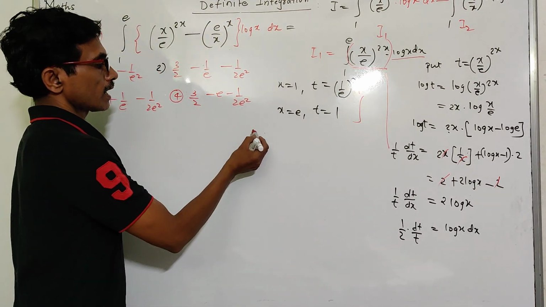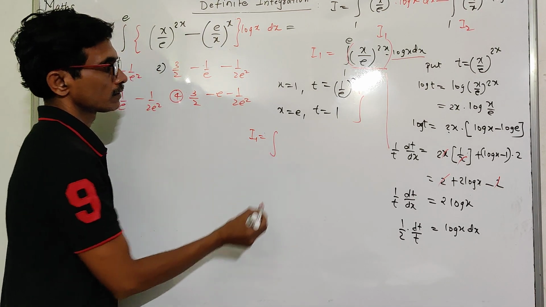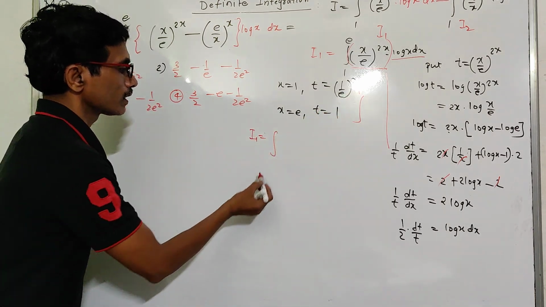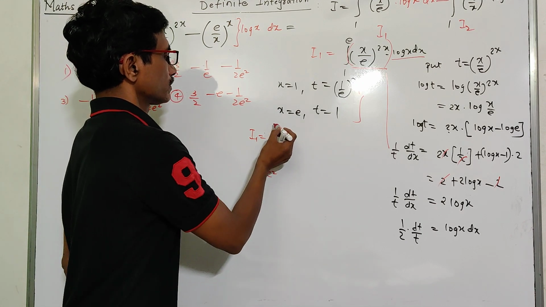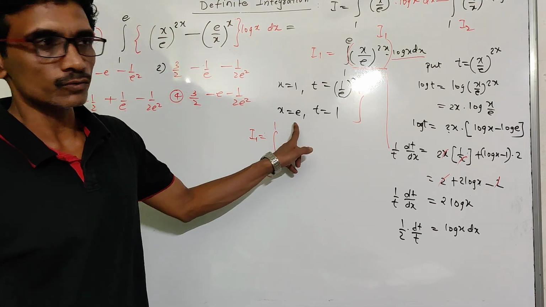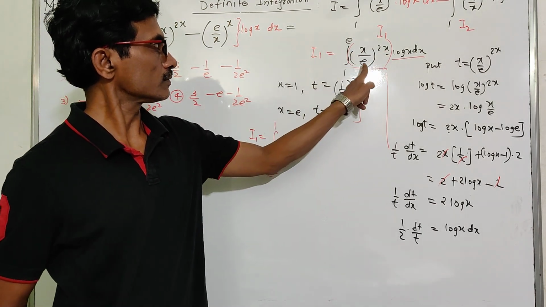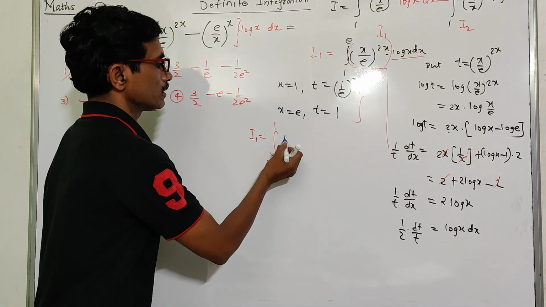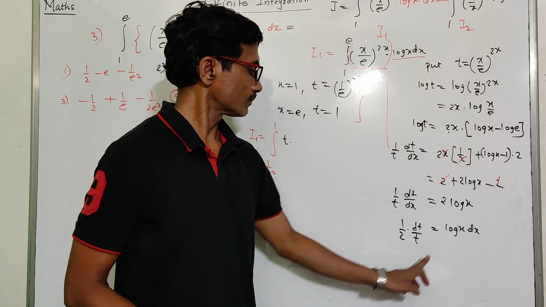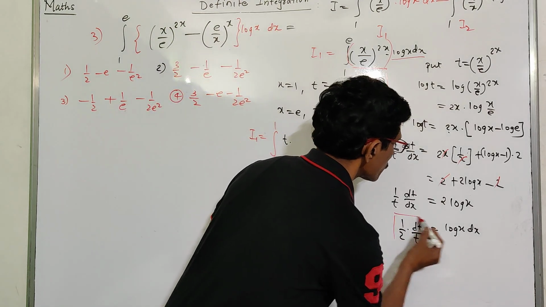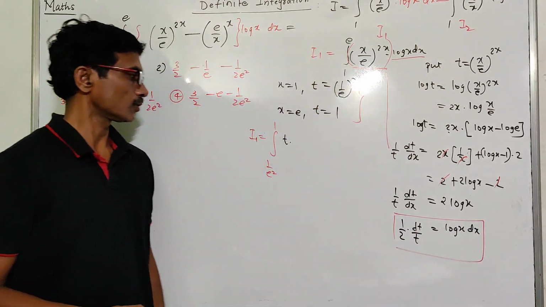So our integral I1 will become, lower limit 1 upon e square and upper limit 1, so 1 by e square to 1. This whole term is equal to t, and log x dx is equal to dt upon 2t.